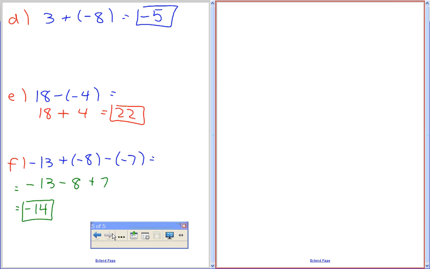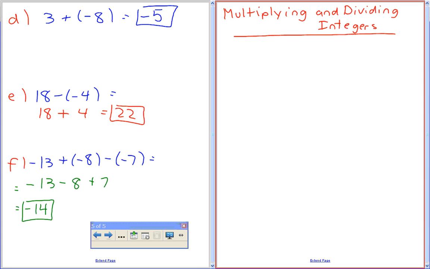All right, next slide is multiplying, dividing integers. Okay, there's a whole bunch of rules you can use, but I'm going to say remember that a negative means opposite.